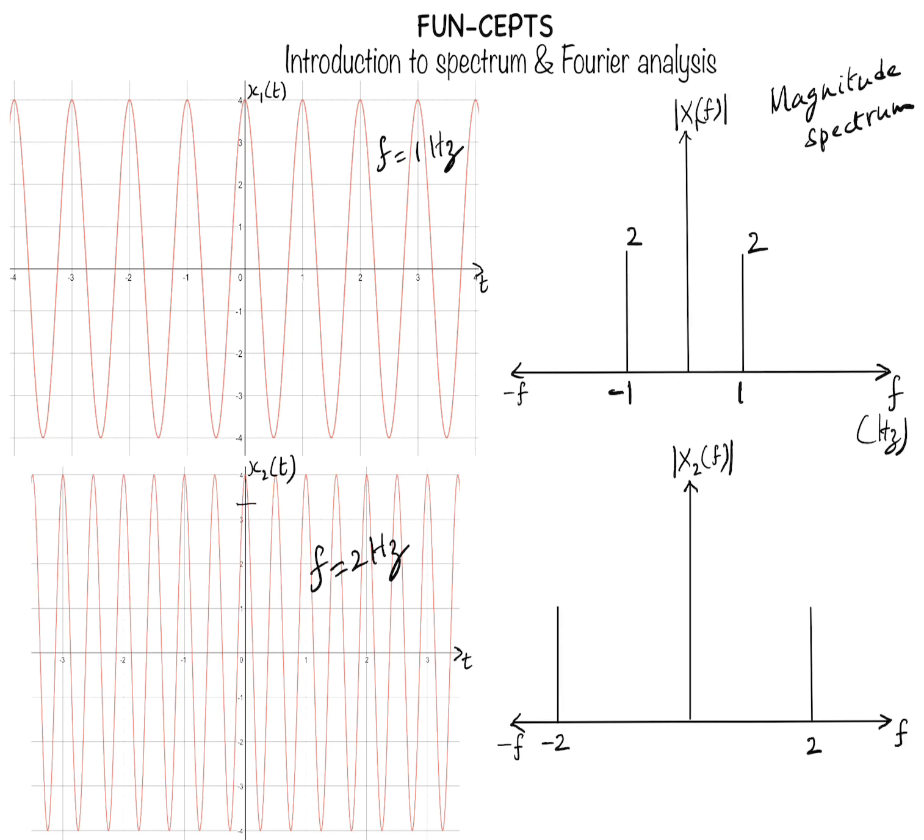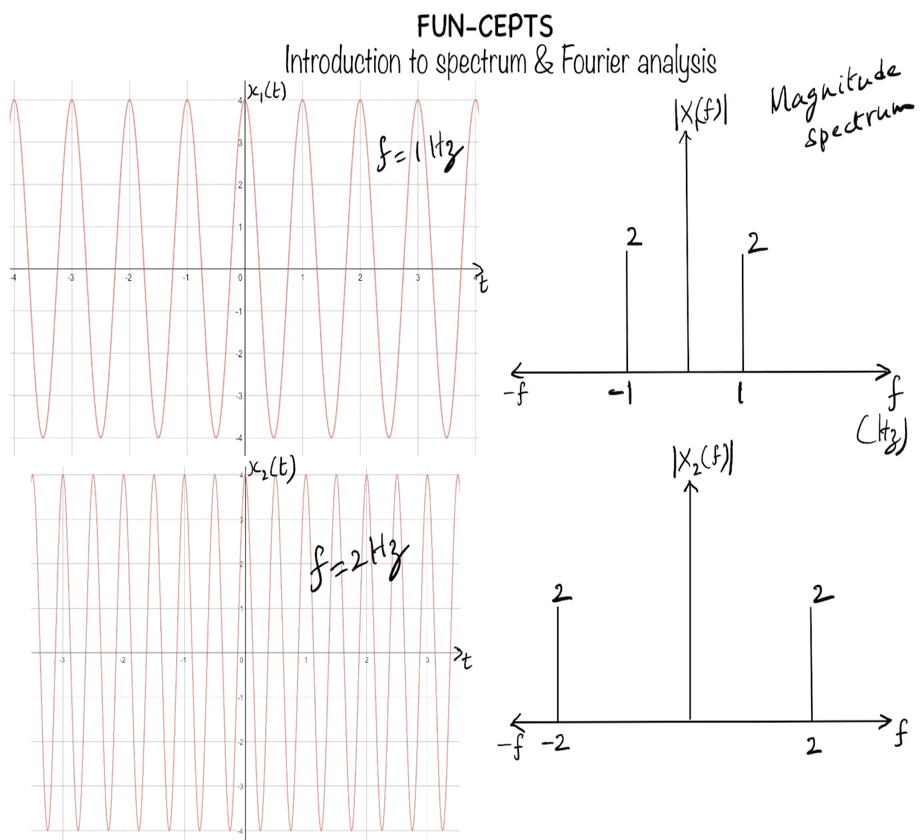Since the amplitude of this particular signal is also 4 volt, and we have to divide that half and half between the positive and the negative frequency components, we'll put 2 volt on the positive side, so that's 2 on the positive and 2 on the negative frequency components. So that is basically what is called the magnitude spectrum.